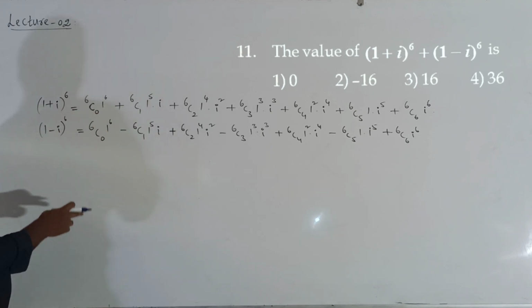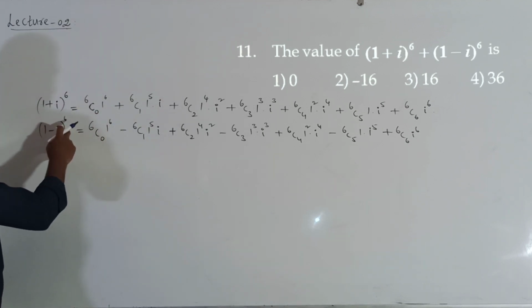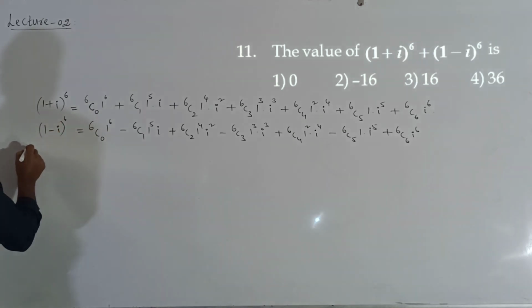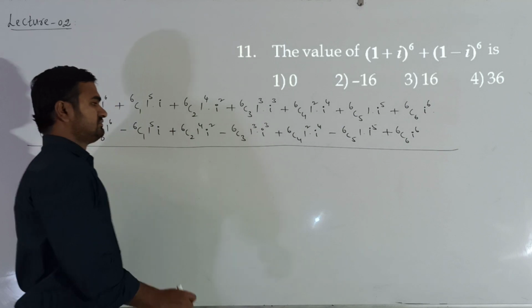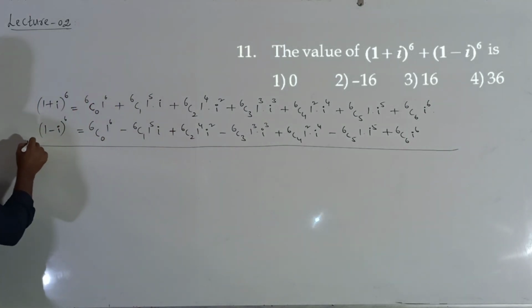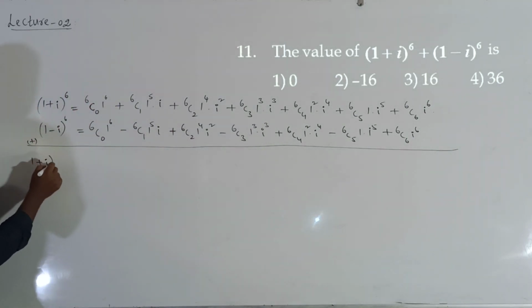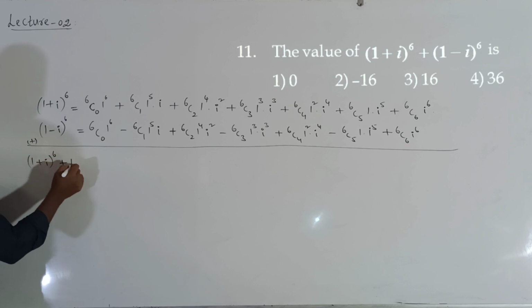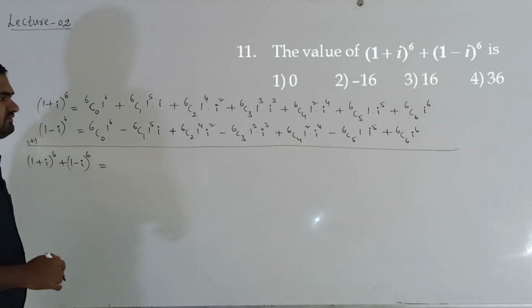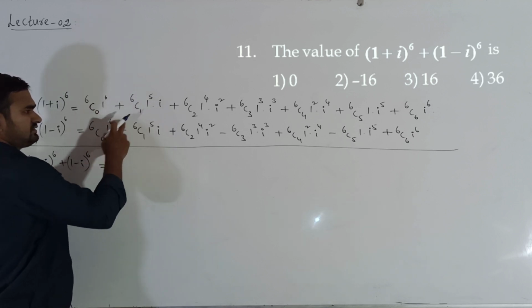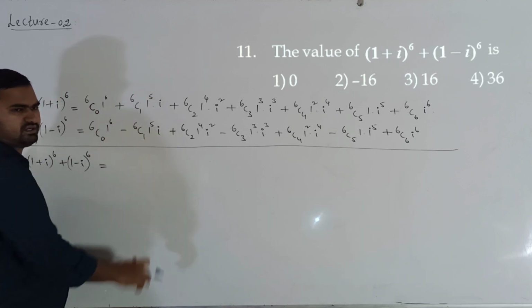Now, what we need is the summation of these two. So, adding the two terms, see what we get: (1 + i)^6 + (1 - i)^6 is equal to... When we are adding, observe the terms are the same, but they are alternately positive and negative.